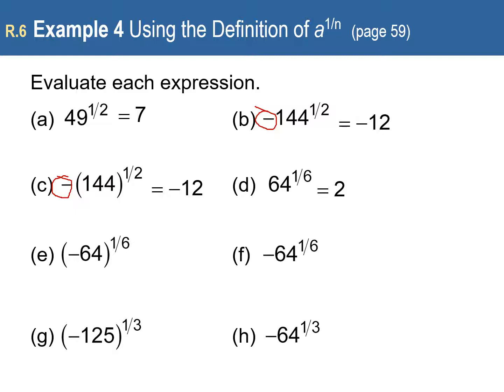Negative 64 to the 1/6, I can't take an even root, so this is not a real number. In this case, the negative is outside of the root, so this is negative 2. Now I can take the 1/3 power of an odd. This is negative 5. And this is outside, so this is going to be negative 4.